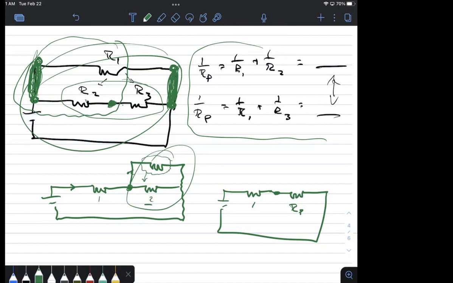I myself, with years of experience with this stuff, still get tripped up sometimes as I work some of these problems. Like, oh, I don't know, should I do this? And I'll work one way and then find out I messed up and have to start over again.